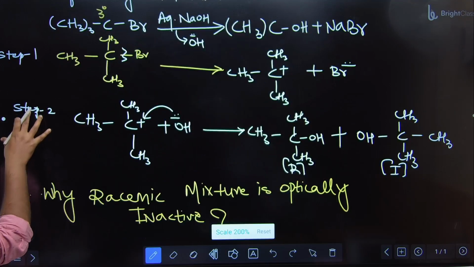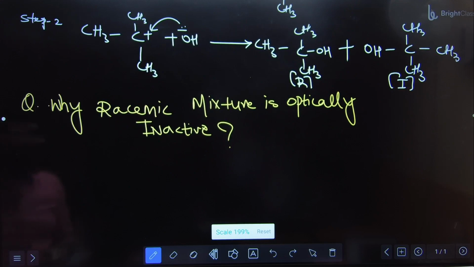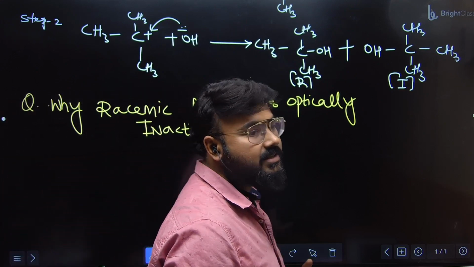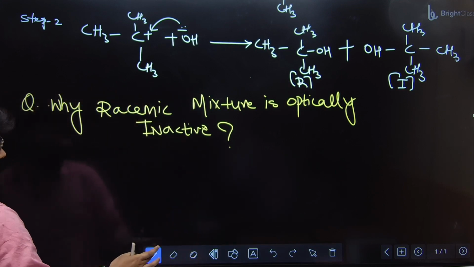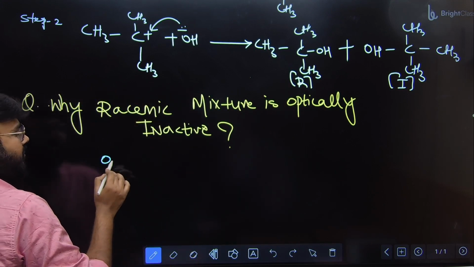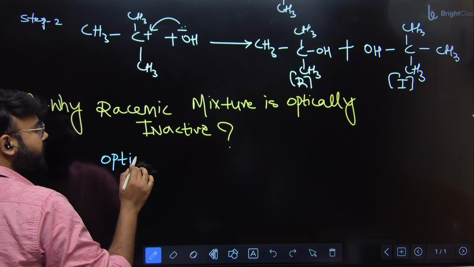Now the question is, why is a racemic mixture optically inactive? First of all, understand what optical activity is. Then only you can answer this question. So all of you give a headline: optical activity.